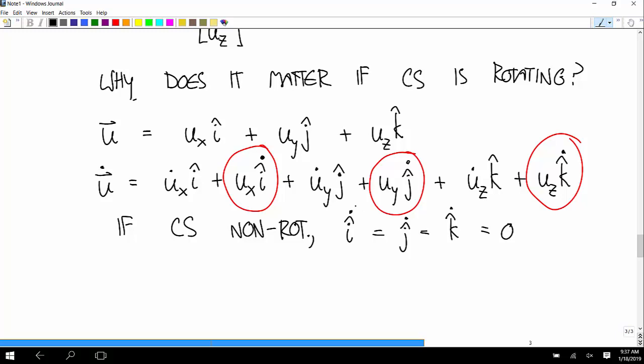And that's where all the complexity comes in when you deal with rotating coordinate systems, because i, j, and k are changing in time, so those time derivatives are non-zero. So for now, just remind yourself to appreciate when a coordinate system is not rotating, because it's going to get really messy. Any questions about that?